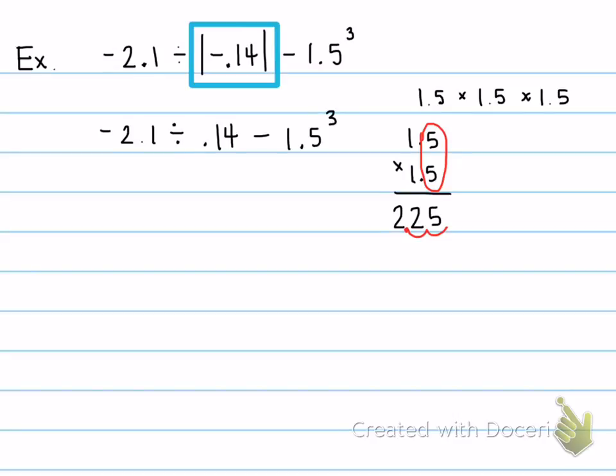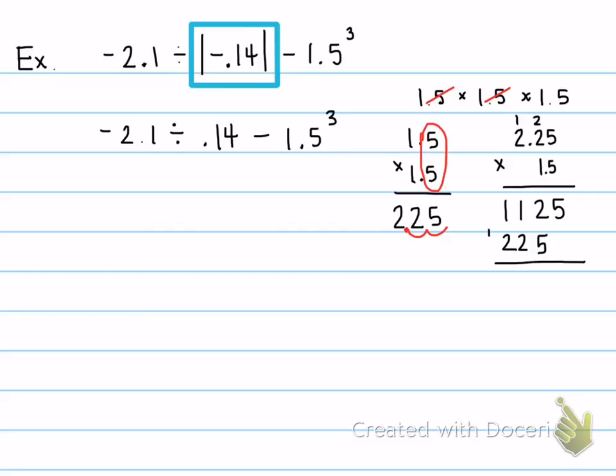Now the next one I'm going to have to do. I'm going to have to do 2.25. Remember, I've done these two now because I did both of them. Times 1.5. Don't have to line up the decimals. 5 times 5 is 25. Carry the 2. 5 times 2 is 10, plus 2 is 12. Carry the 1. 5 times 2 is 10, plus 1 is 11. I know that multiplying by 1 is just the numbers.